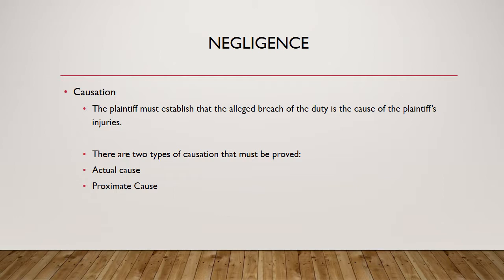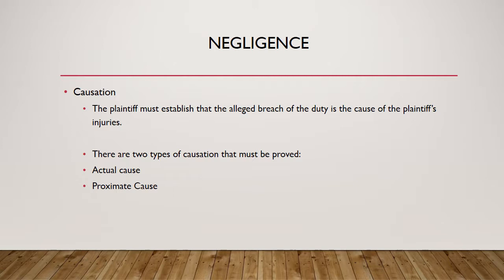So you've got to have that link between what the breach was and what the injuries are. You can't just have conduct that breached the standard of care, but it didn't really cause any injuries, and I have other injuries for another reason.